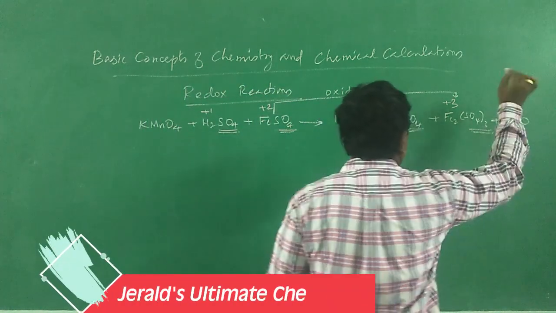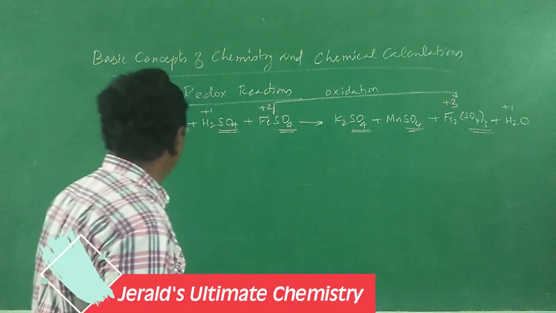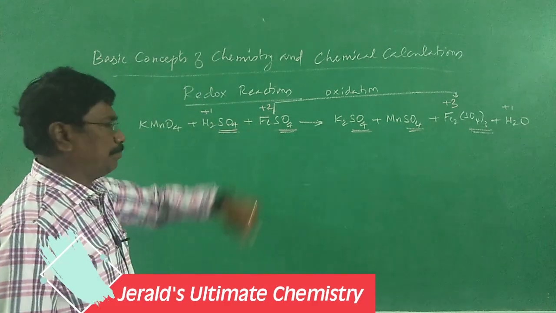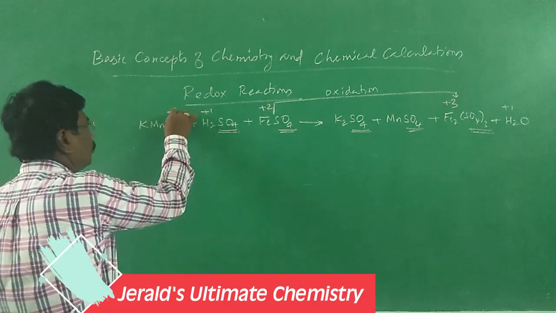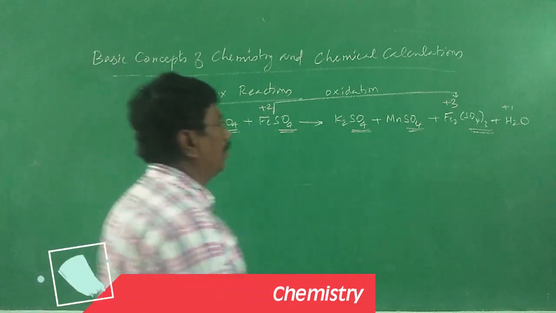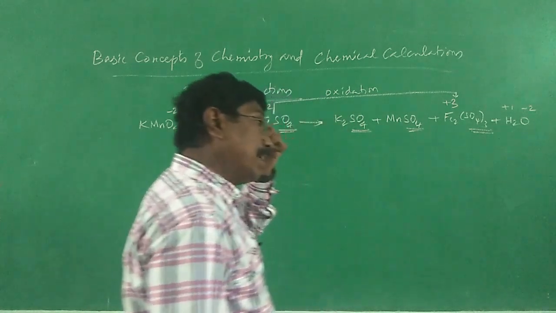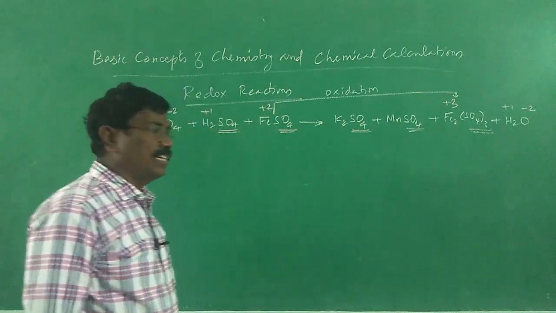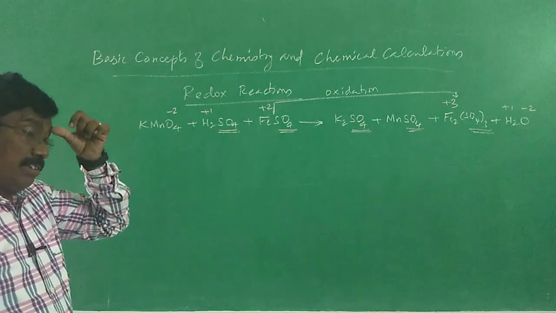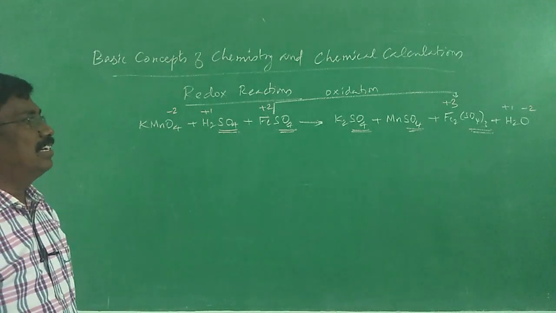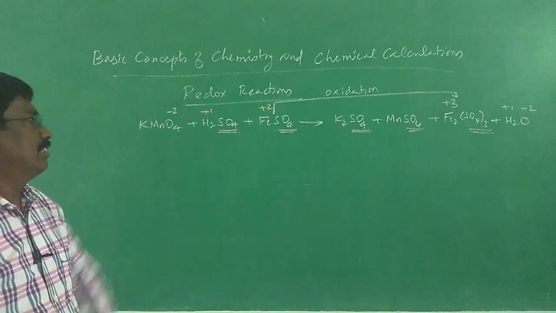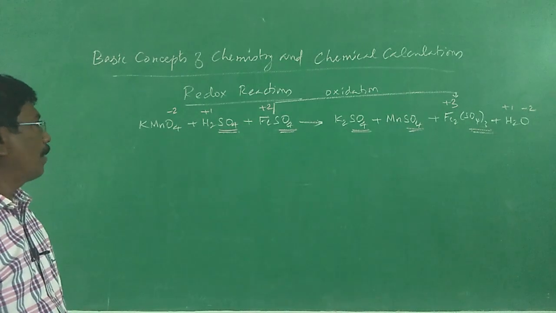Likewise, oxygen, of course, is minus 2, sulfate also minus 2 only. Here also minus 2. There is no change in oxidation number for oxygen, because we didn't get any peroxide, superoxide, or compound with fluorine. We didn't get any peculiar oxide, a common thing. Therefore, oxidation number is minus 2.